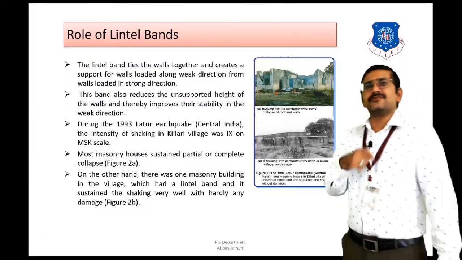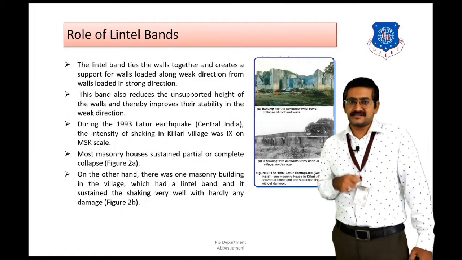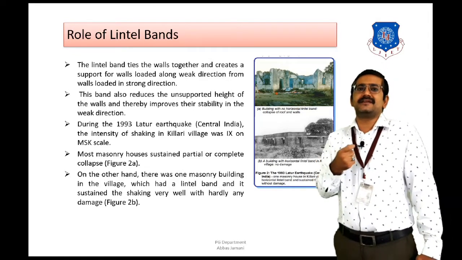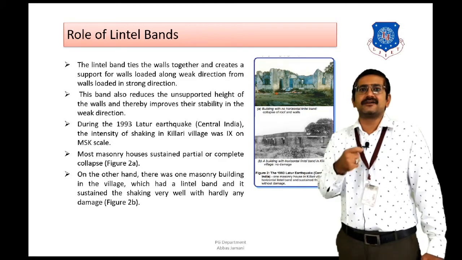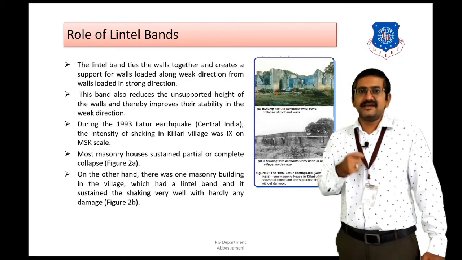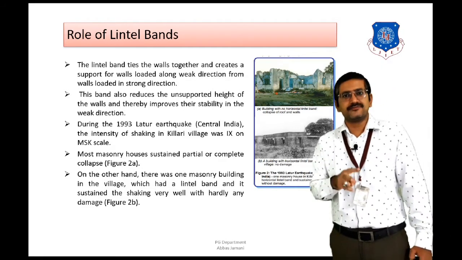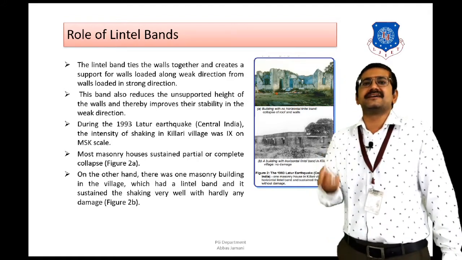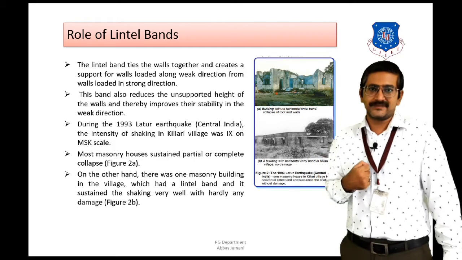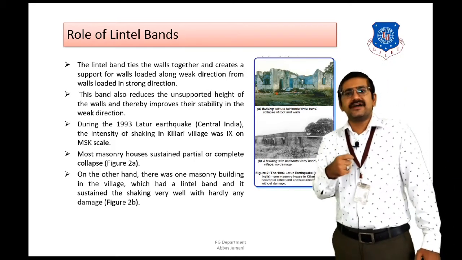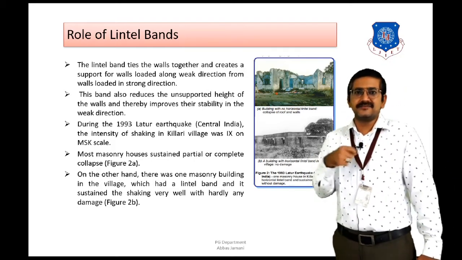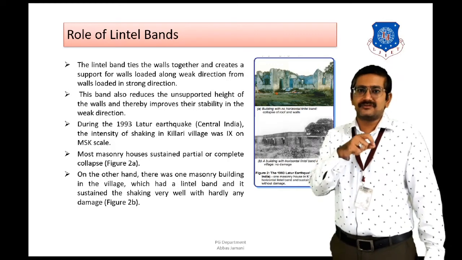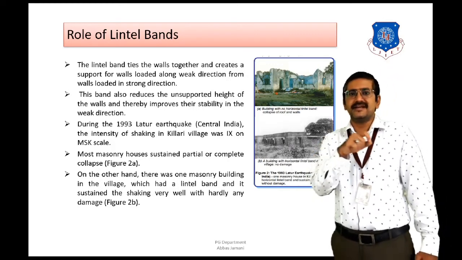Right, now we try to understand the role of the lintel bands. Now, as we have discussed in the earlier lectures, when we talk about masonry building, then basically we are talking about load bearing structures. And in case of load bearing structures, two components are there, or two definitions we have seen. First is the out of plane bending, and second is known as in plane bending, right? So what is going to happen is that whenever these lintel bands, or these horizontal bands, will be provided, then they will try to connect all the four corners of the building together, right?